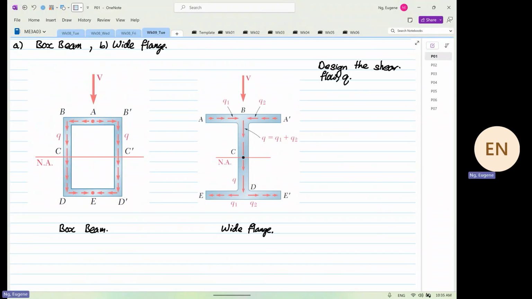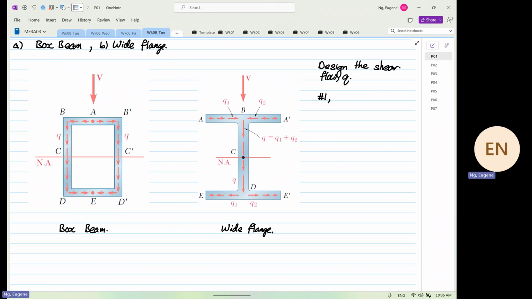This analysis all depends on the design of the shear flow. So we are going to have rule number 6. By looking at this diagram, we can create two more rules. Before we do rule number 6, let's do rule number 1 first.